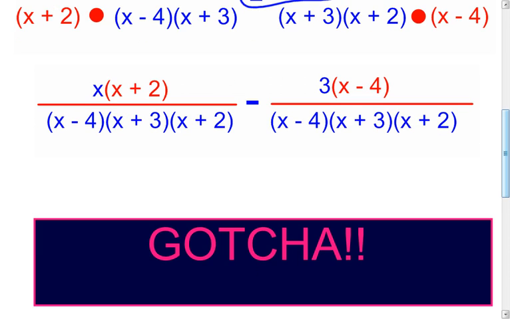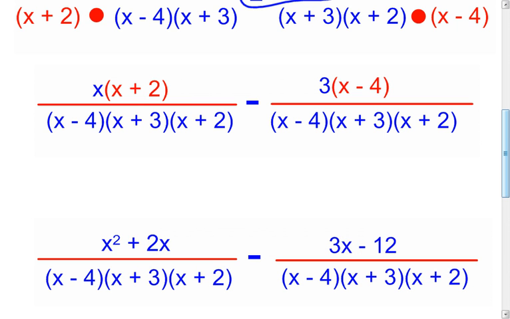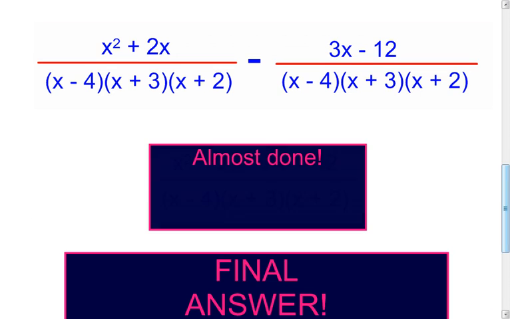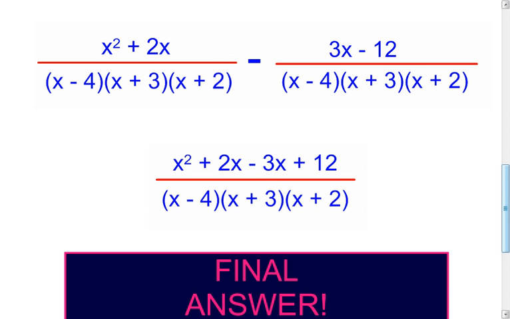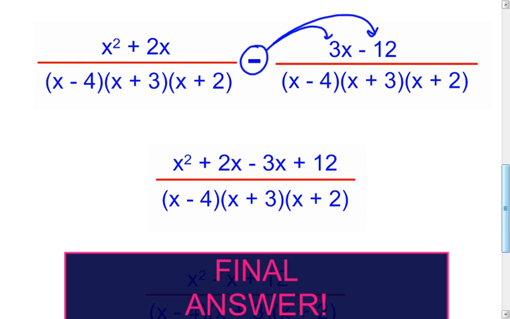Just be really careful about that. Okay, and so now we're here. And again, some of you, if you distributed that negative through right away, that's fine. If you didn't, you need to distribute it through right here. So make sure you distribute it here then if you didn't do it right away, so that you're there.